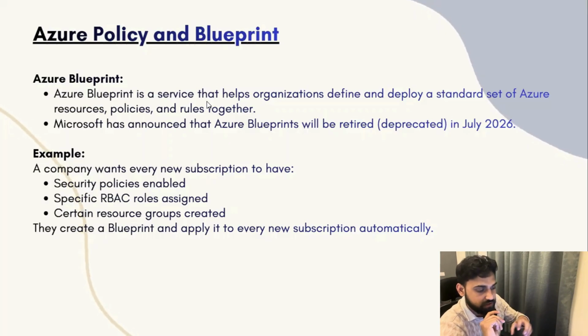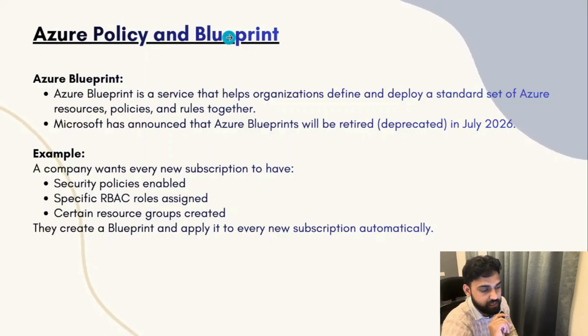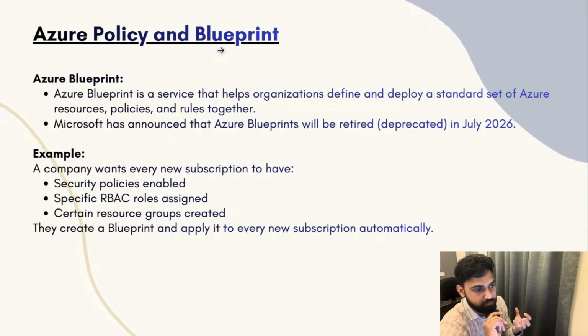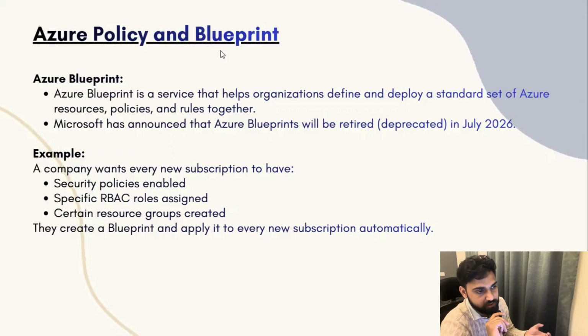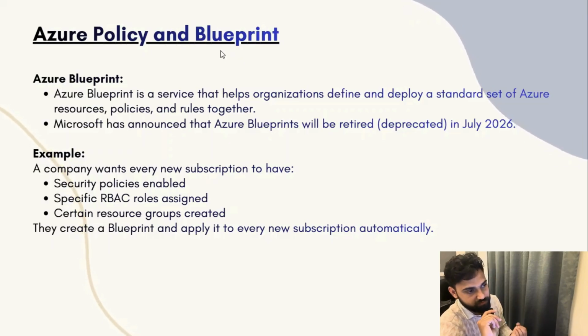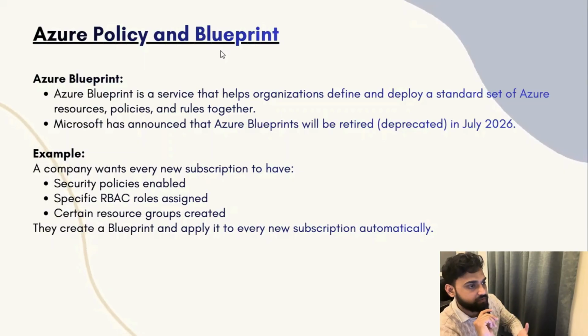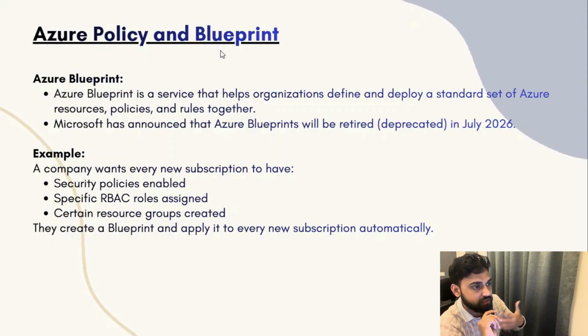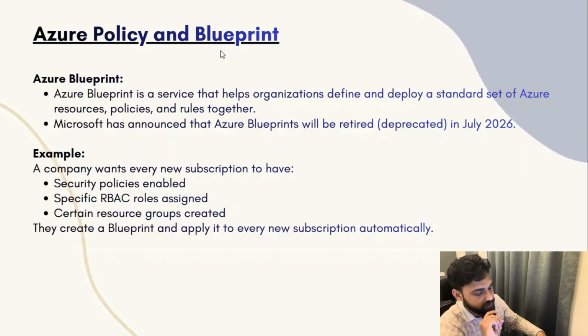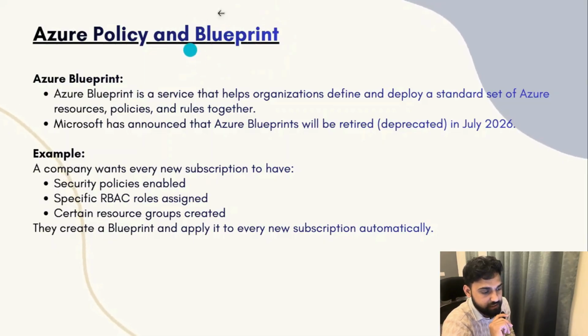By the name you can understand, a blueprint is whatever rules and policies you have created, saved one time. Later, if you are creating some other subscription or management group, you can use that blueprint and apply the same set of rules and policies on the other things as well.